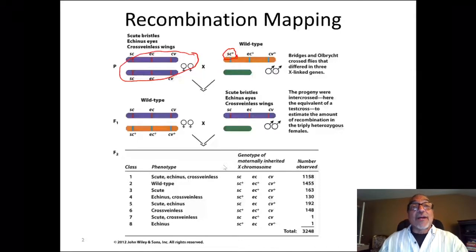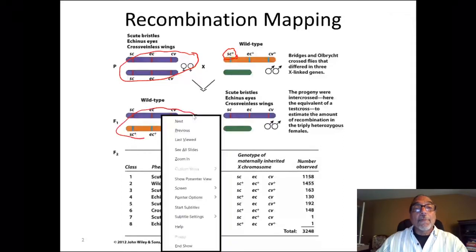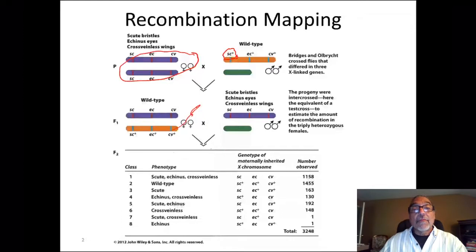So by crossing a wild type male to a completely homozygous female, we end up with females that are completely heterozygous.